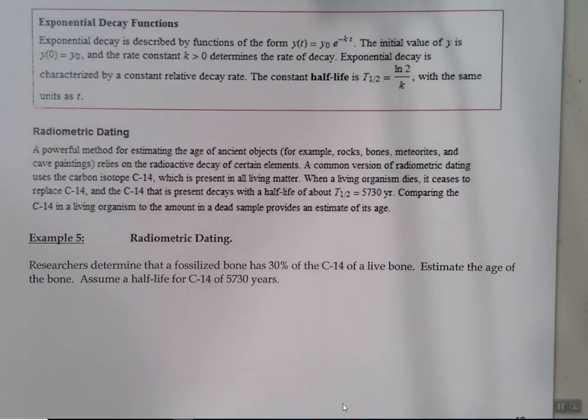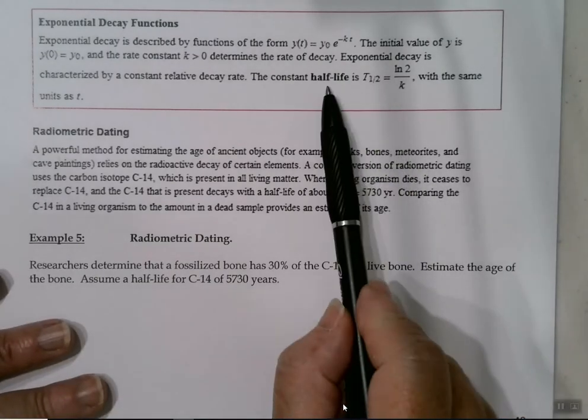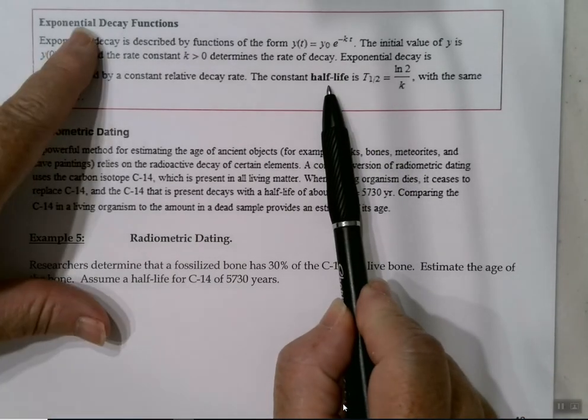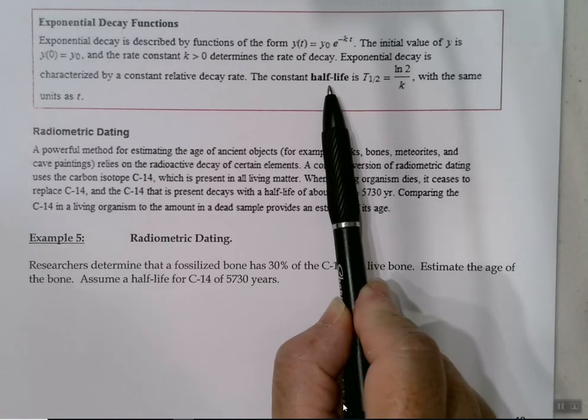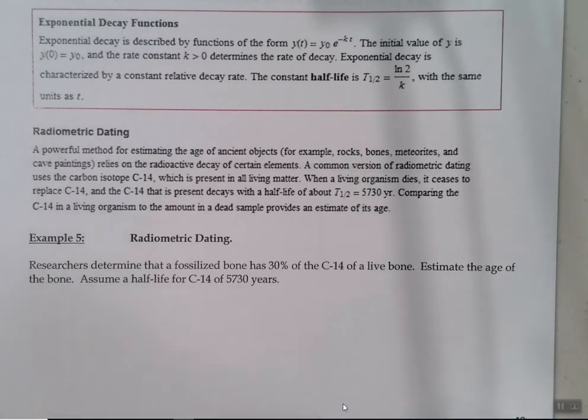So with exponential decay, we're going to have a constant relative decay rate. All exponential functions have constant relative rates of change. And one really helpful little equation for these is the one about the half-life. Often with exponential decay functions, we talk about the half-life, which is simply the amount of time it takes for half of whatever we're using to be gone.